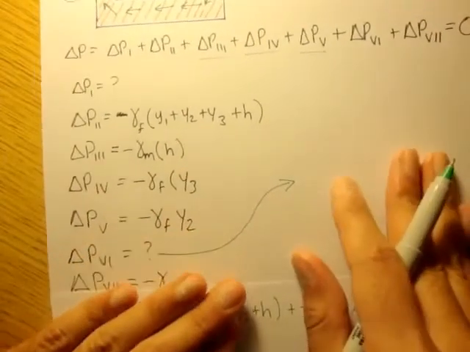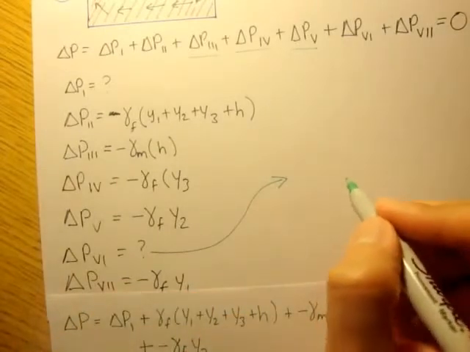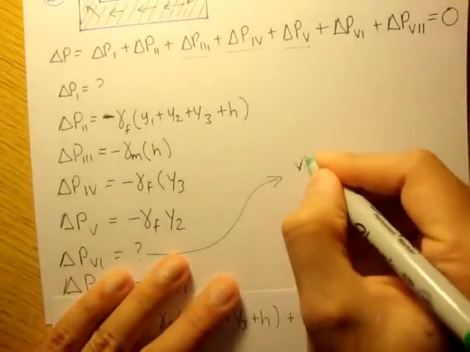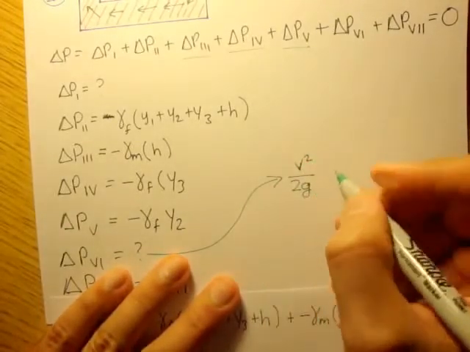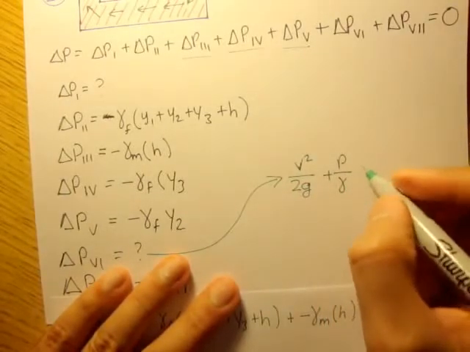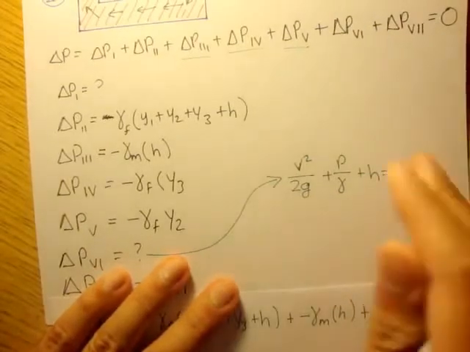So we said our total energy head along a streamline, V squared over 2G plus pressure over gamma plus H is equal to a constant, right?